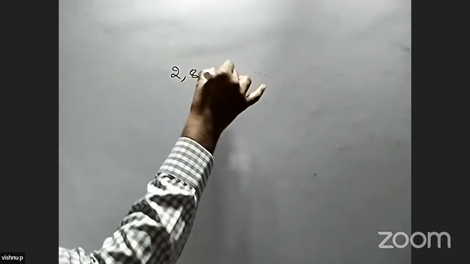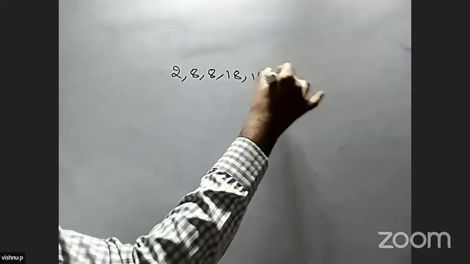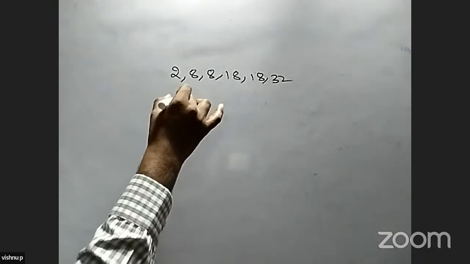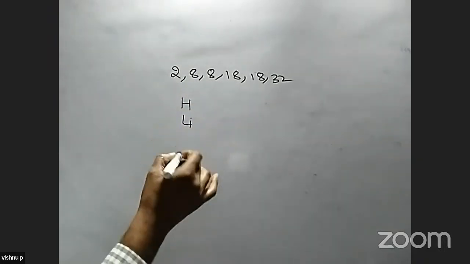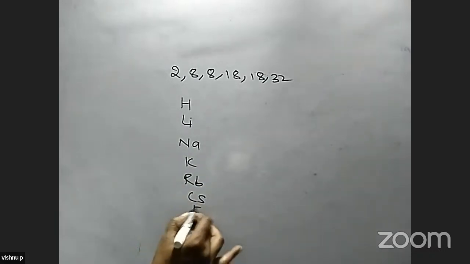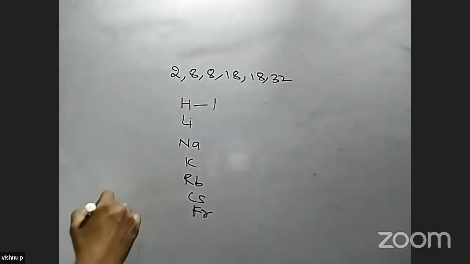How to find the atomic number of elements in a group? Use the magic numbers 2, 8, 8, 18, 18, 32. We take an example, the first group elements: hydrogen, lithium, sodium, potassium, rubidium, cesium, francium. Hydrogen has atomic number 1.